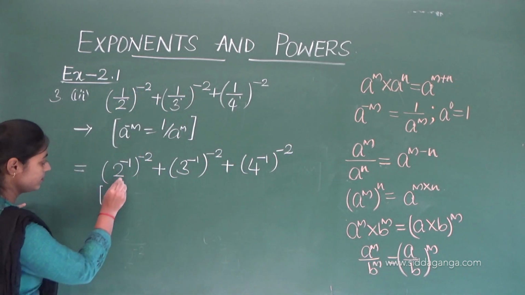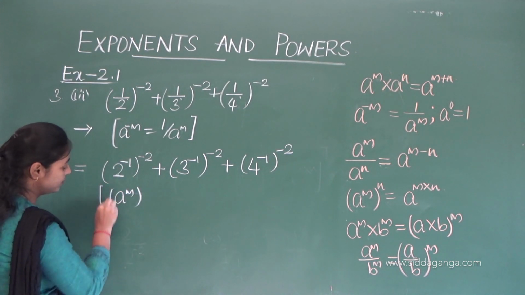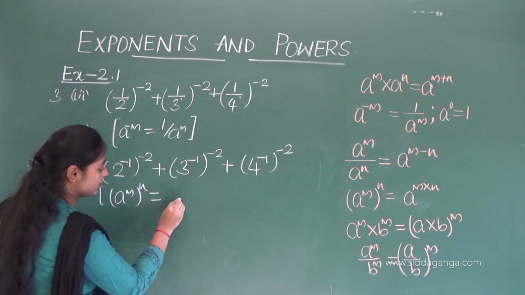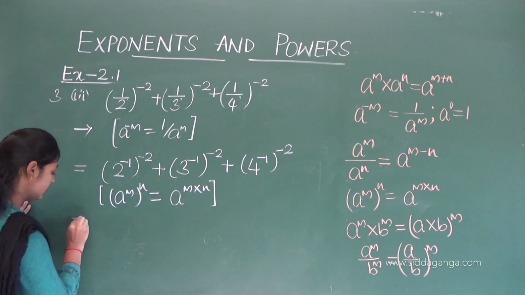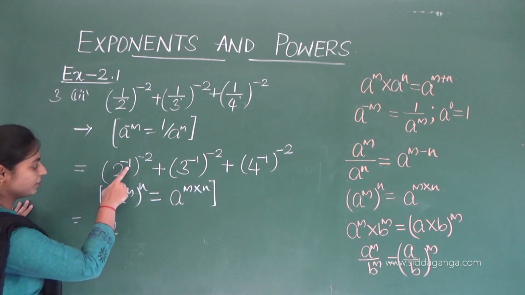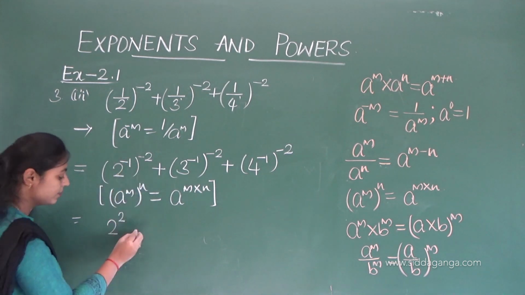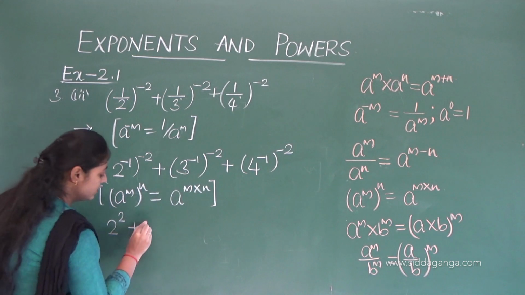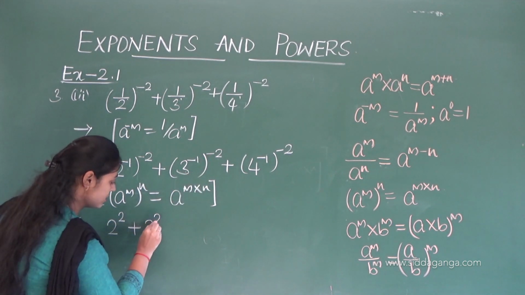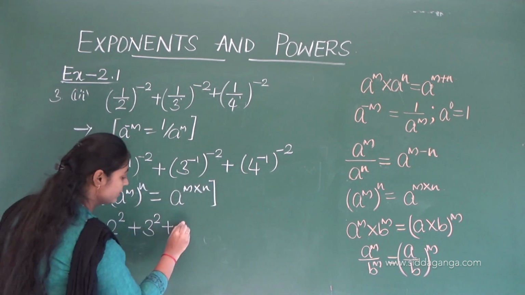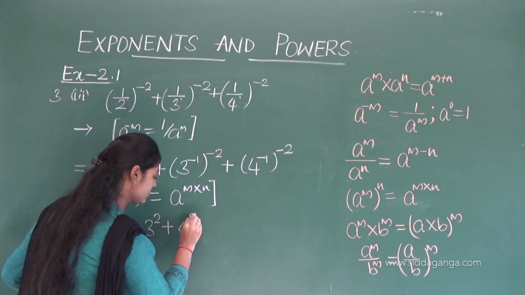Next, a to the power of m whole to the power of n is equal to a to the power of m into n. That is 2 to the power of minus 1 into minus 2 is 2, minus into minus is plus. 3 to the power of 1 into 2 is 2, minus into minus is plus 2. 4 raised to the power of 1 into 2 is 2, minus into minus plus 2.